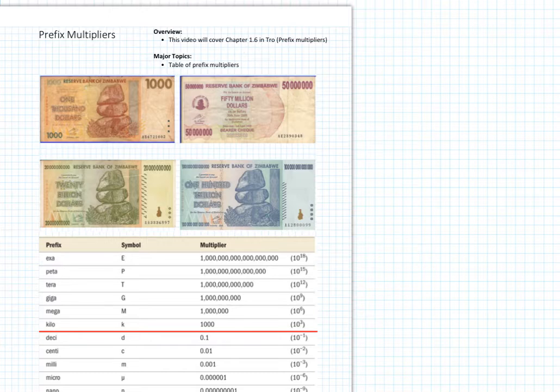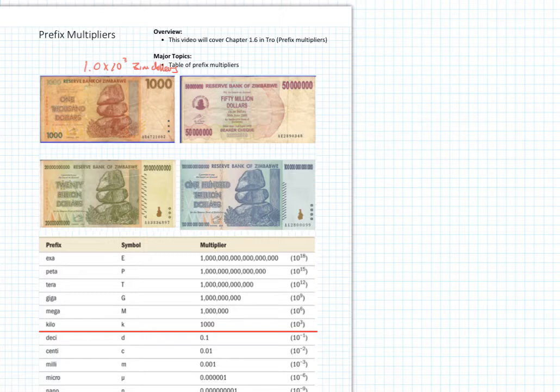And rather than using chemistry examples, once again, we will start with our crazy Zimbabwean dollars and these big denominations. So just to recap from the first video in this series, this $1,000 bill, we can rewrite using scientific notation as 1.0 times 10 to the 3, and we'll call it Zim dollars. That'll be my units.